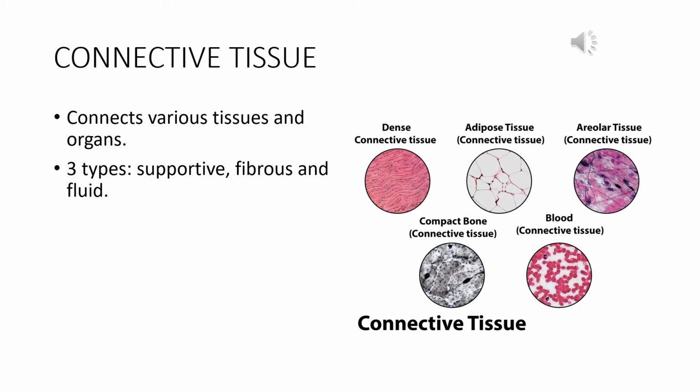They are mainly composed of different types of fibers like collagen, elastin, etc. And the third type is the fluid connective tissue. Fluid connective tissue contains the blood and the lymph, that are the main fluids present in our body, and they are connecting the different organs.